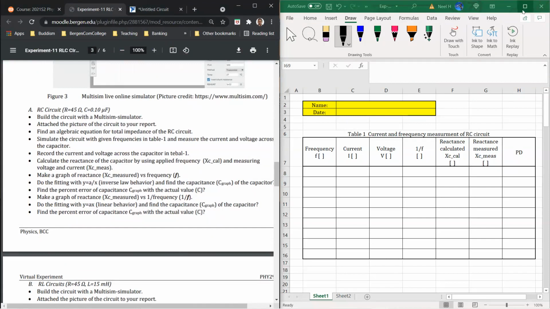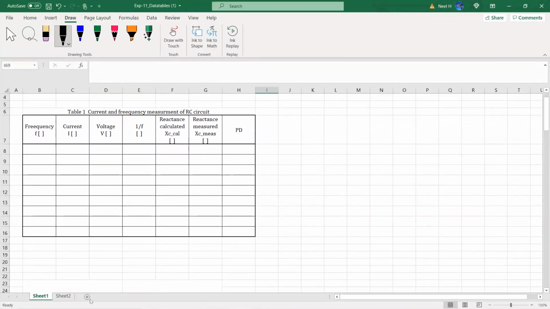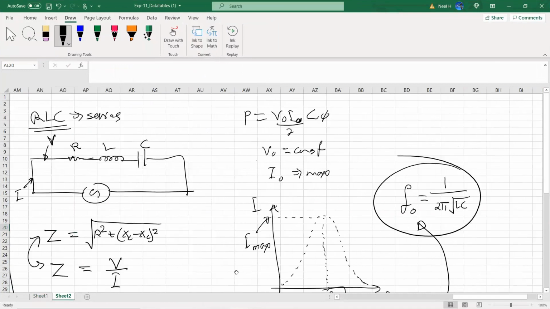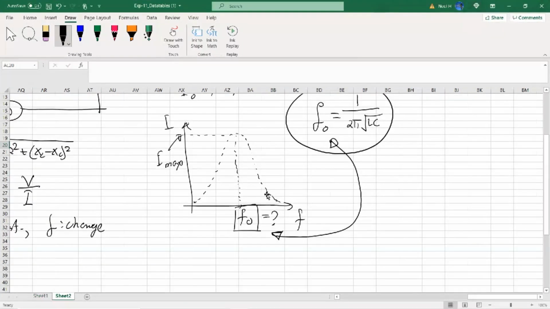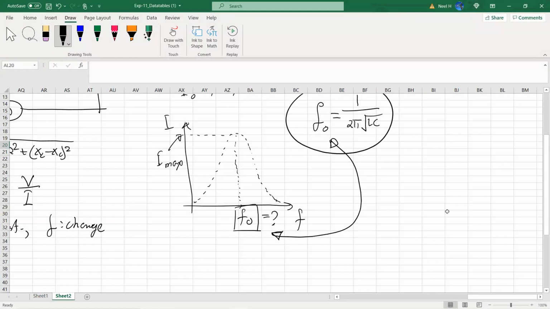That's so important, okay? Because if you look at that graph, it looks like some sort of function that has a maximum. So if I want to properly investigate this behavior, I should be in the range of frequency between here and here. Then only can I observe this maximum point, right?